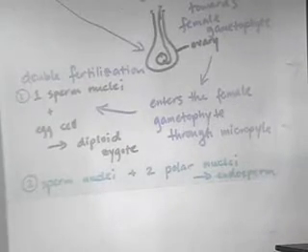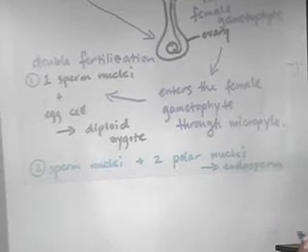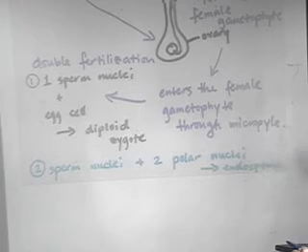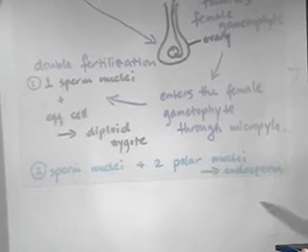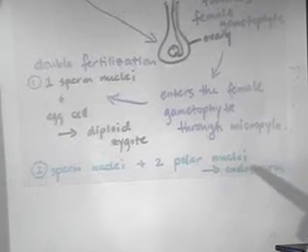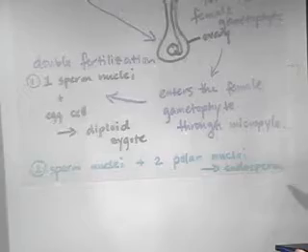This is really important because the endosperm is actually going to be nutrition for the embryo as it grows. It's a starchy kind of substance. So your embryo needs food as it's getting bigger in your seed. That's the key here.